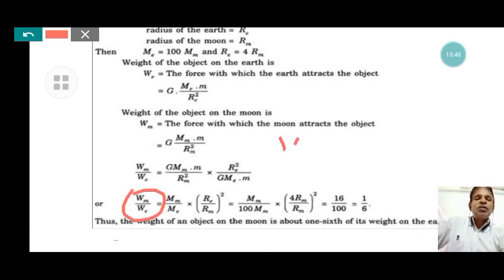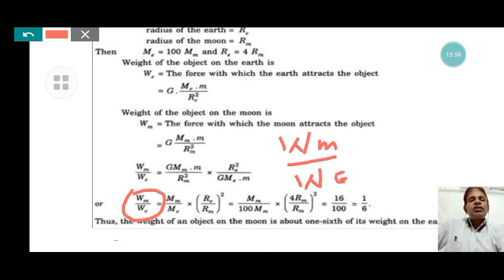Here W_m is the weight on the moon, and W_e the weight at the earth. We get 1/6.